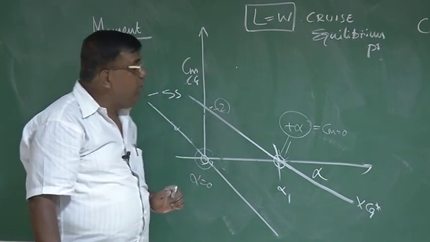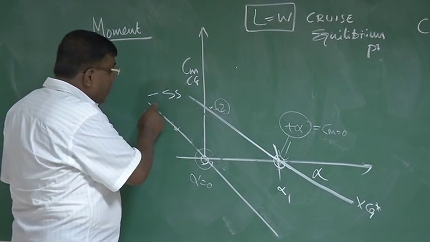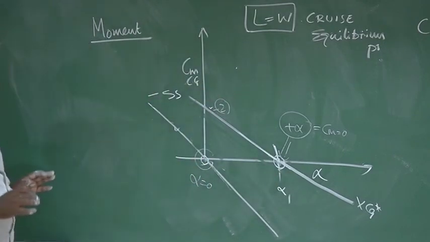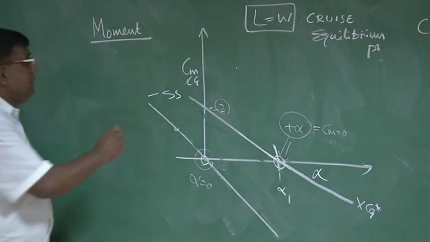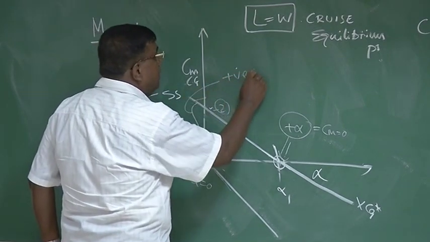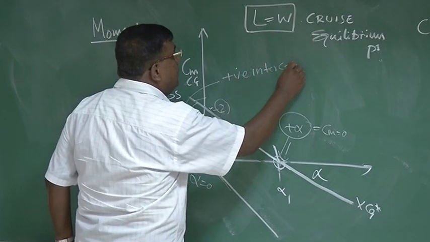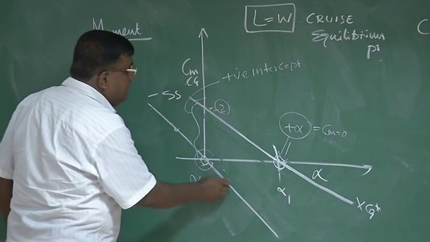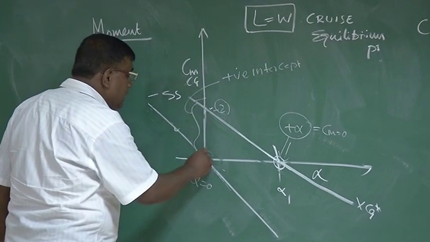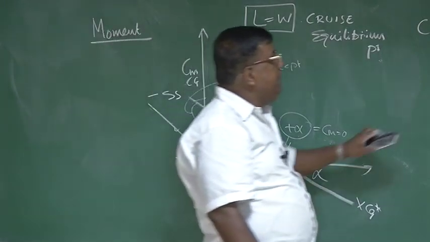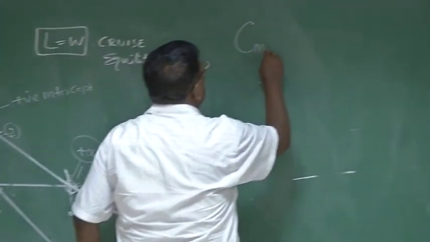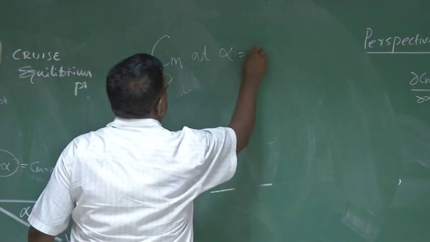So graphically, what is the difference? Although these two straight lines have the same slope, their intercepts are different. That is, this line has a positive intercept, whereas this line is passing through the origin. This positive intercept, whatever you are seeing here, I can write for representation: it is the pitching moment coefficient Cm at alpha equal to 0.